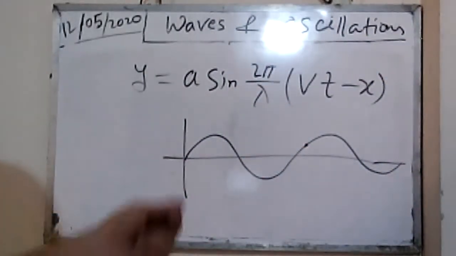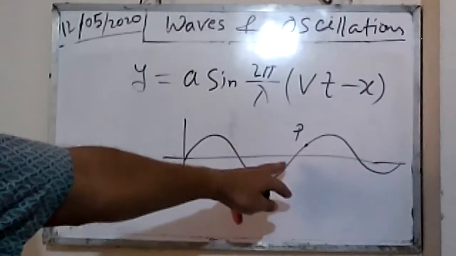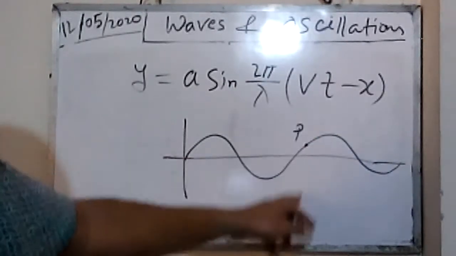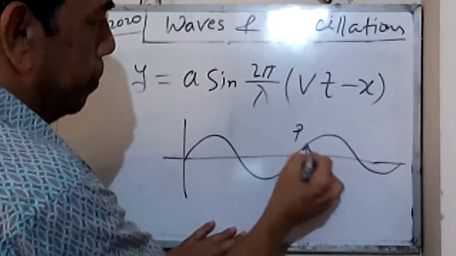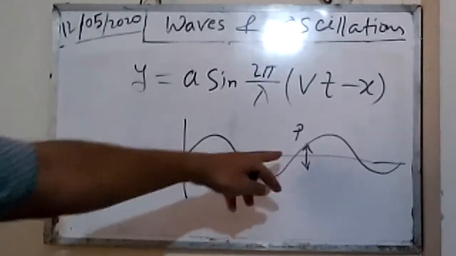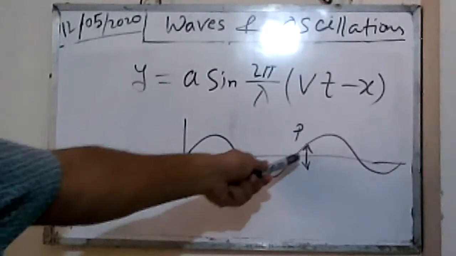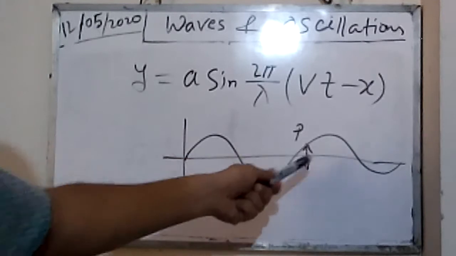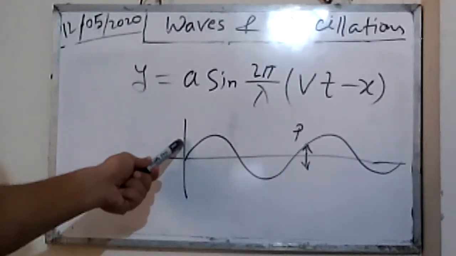If you desire a particle, suppose this is a particle. Now the position of this particle is like this. The particle vibrates up and down.